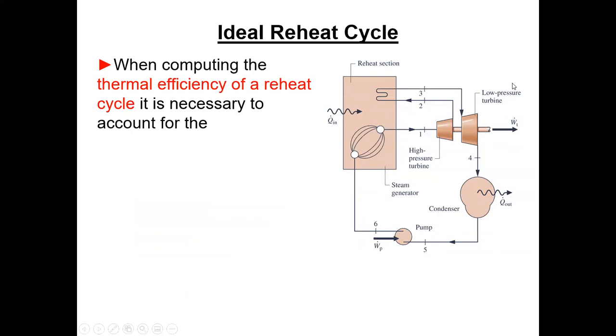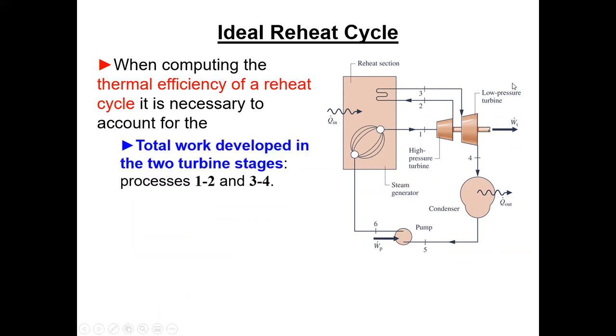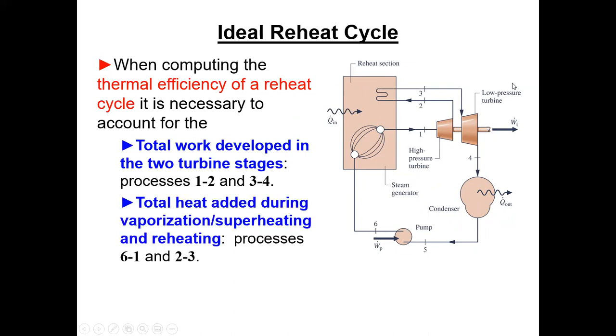When computing the thermal efficiency of a reheat cycle, it's necessary to account for the total work developed in both turbine stages. We've got two turbines, so you've got to calculate the work produced by both. We still just have one pump, but we have two turbine sections. So we have to do 1 to 2 for the high pressure turbine, and 3 to 4 for the low pressure turbine. Then there's the total heat added during vaporizing, superheating, and reheating.